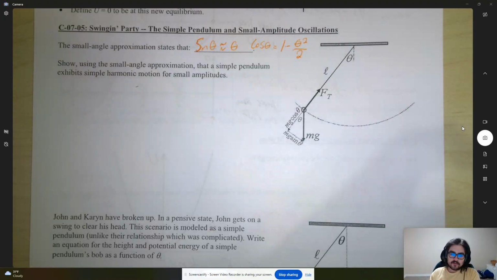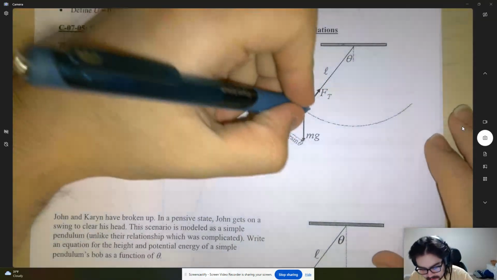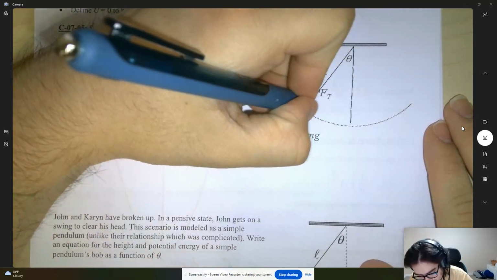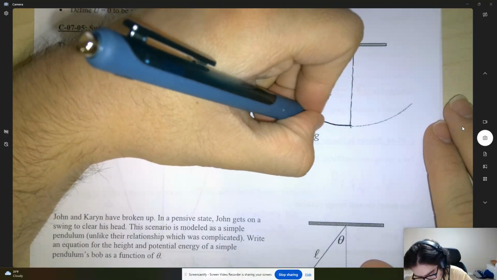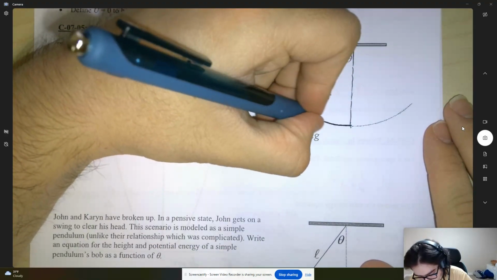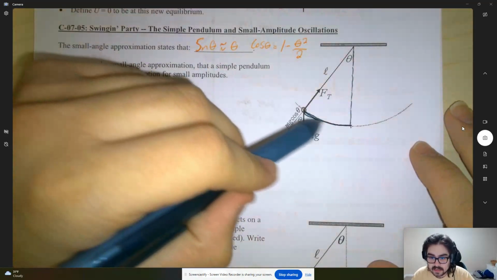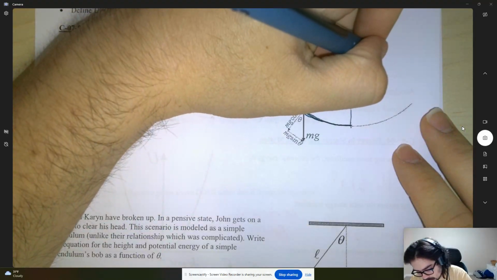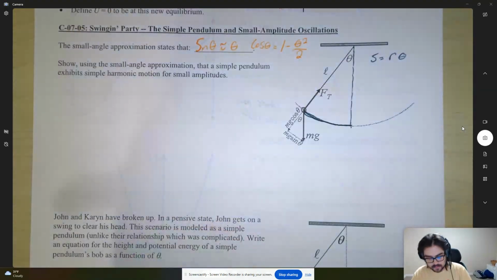First off, I'm going to draw this all the way down. I've traversed a length here. That's an arc length, because it's a round kind of segment. So I know that S equals R theta is one thing I can do.